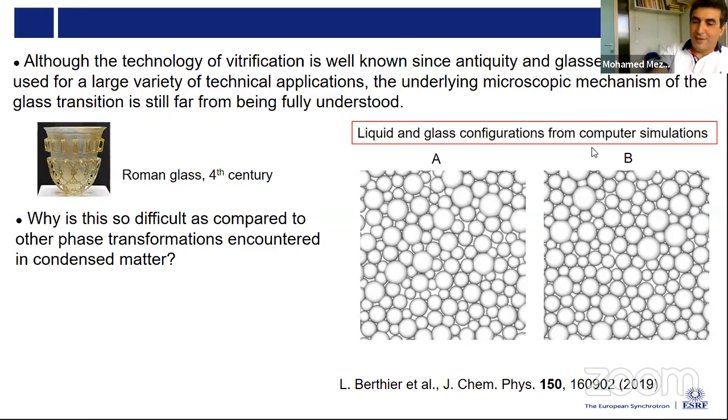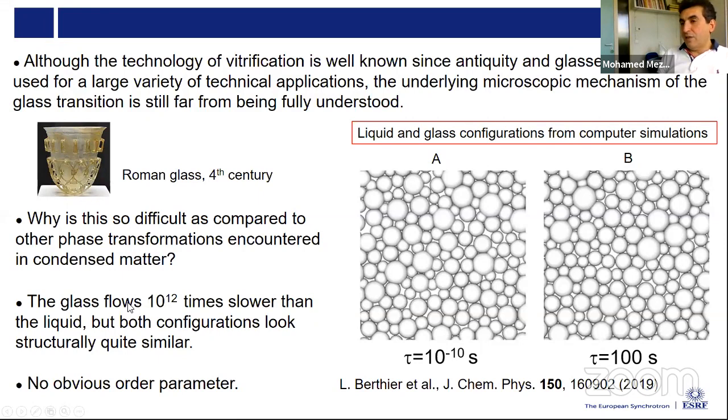Good. Okay. A is a liquid, of course, and B is the glass. I say of course, but it's not obvious at all, because in this case the relaxation time is 10 to the minus 7 second, and in the other it's 100 seconds. This means that the glass flows 10 to the 12 times slower than the liquid, but both configurations look structurally quite similar, and there is absolutely no other obvious parameter.